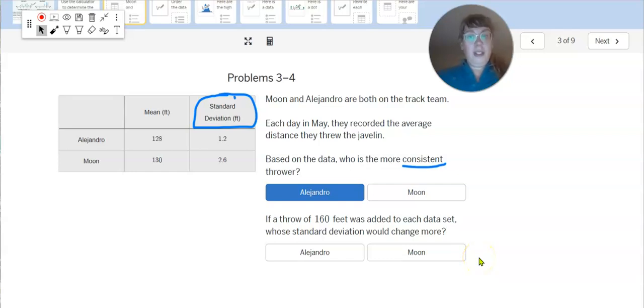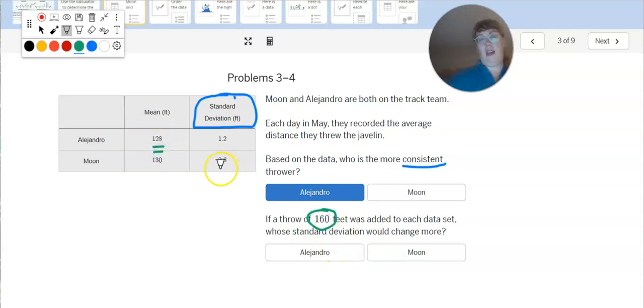If a throw of 160 was added to each data set, whose standard deviation would change more? So this number 160 is pretty far from 128, right? And right now the standard deviation is pretty close. It's 1.2. So that is going to make Alejandro's data even more spread out.